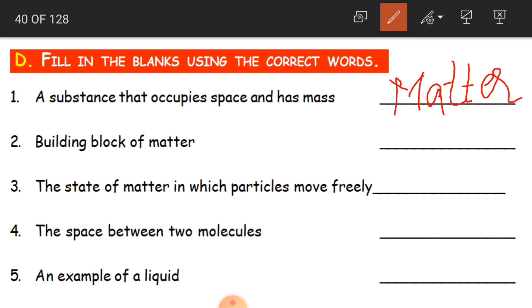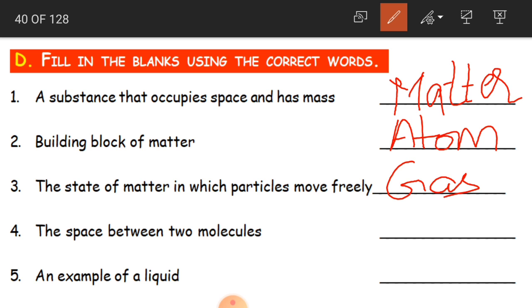And the building block of matter? It is atom. The third one, the state of matter in which particles move very freely and are not going to come across each other. That is gas.